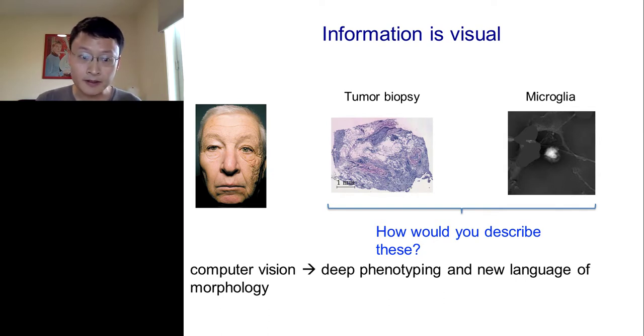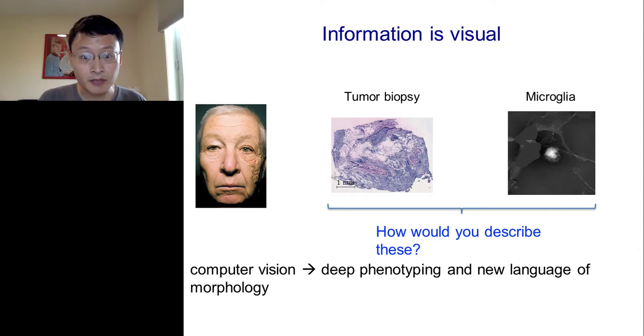With the recent advances in computer vision, the goal is to use those computer vision technologies to enable us to more deeply and more precisely phenotype these objects that would be hard for us to describe otherwise. And in particular, we want to use computer vision and these deep learning algorithms to basically create a new vocabulary, a new language of morphology.